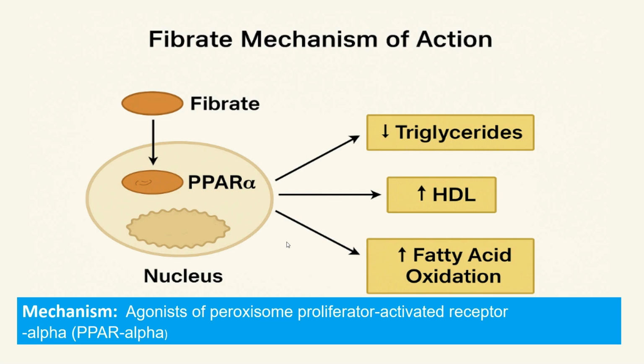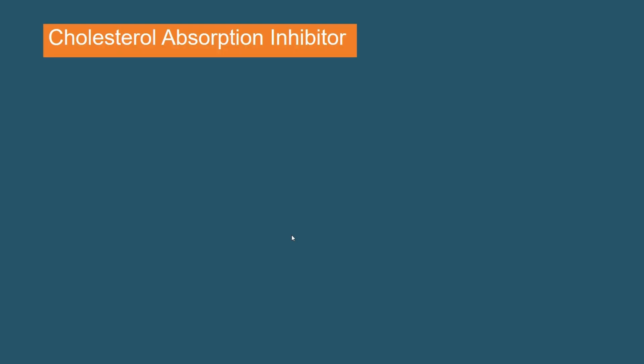So that means fatty acid oxidation increases. As a result, more fatty acids are broken down. So eventually they lower primarily triglycerides, slightly raise HDL, and also lower LDL as well, however, they are known for triglycerides.